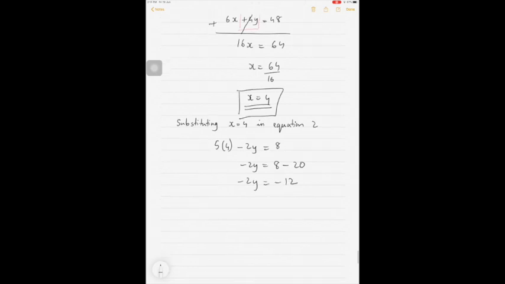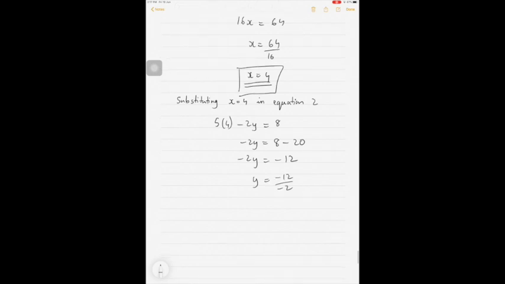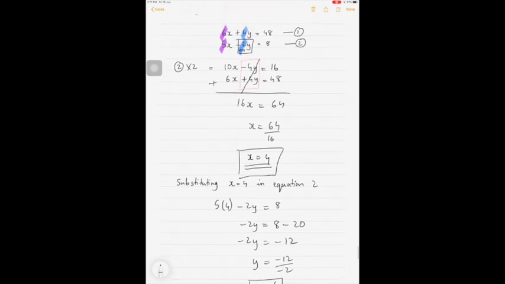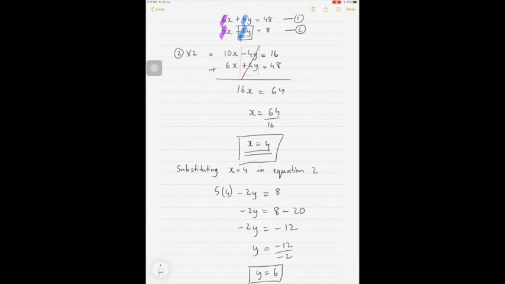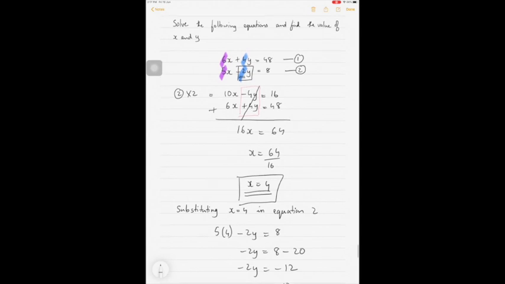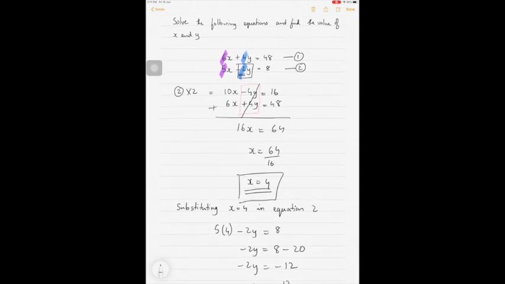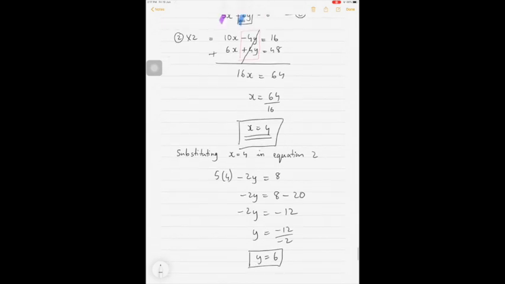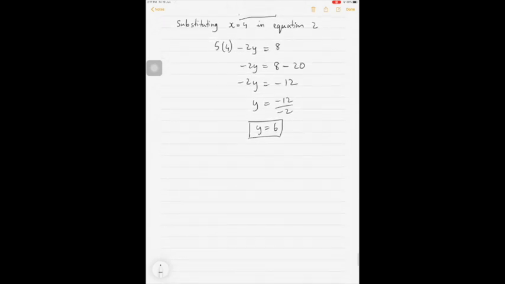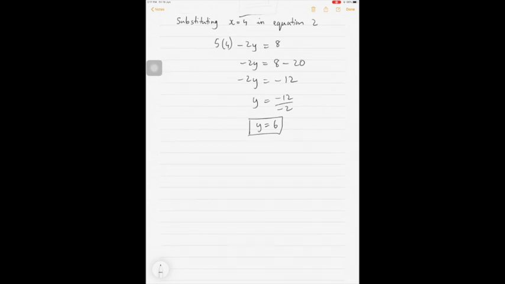Minus 2y is equal to minus 12. y is equal to minus 12 upon minus 2. So y is equal to 6. So this way I have found the value of x as well as y. Got it? Okay. Let's solve the next question.